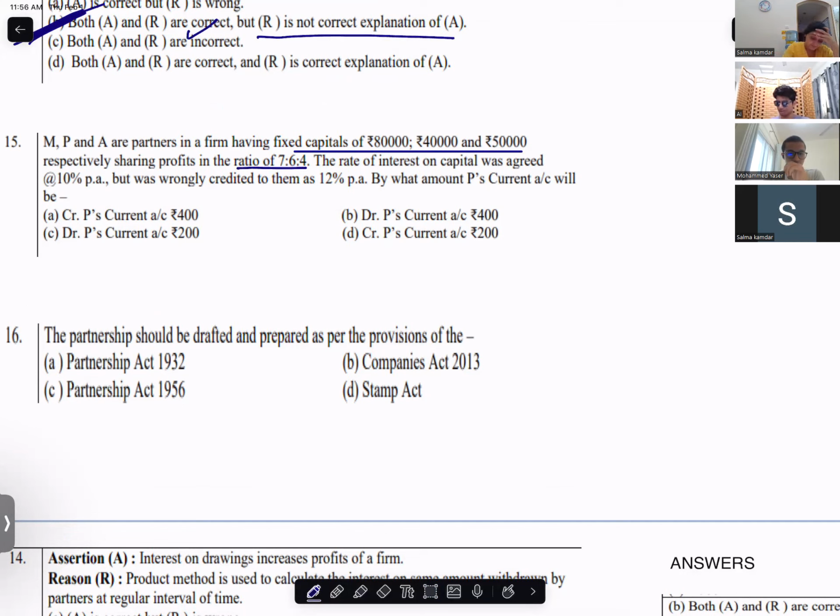The rate of interest on capital was agreed at 10% per annum but was wrongly credited to them as 12% per annum. By what amount P's current account will be?